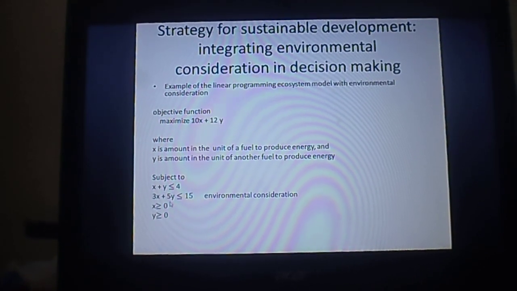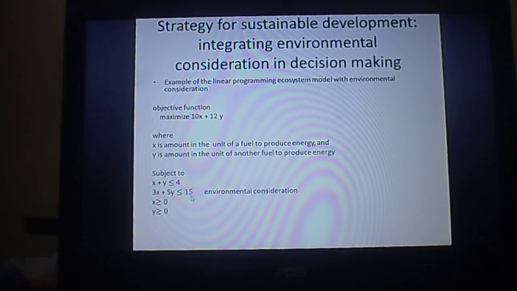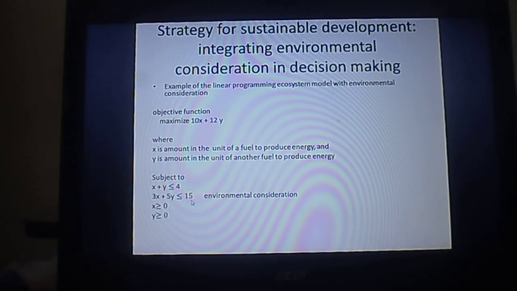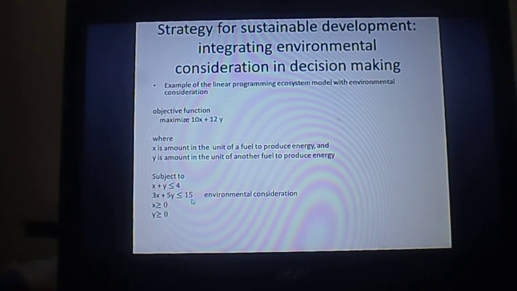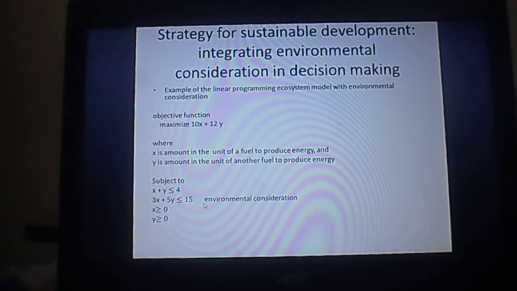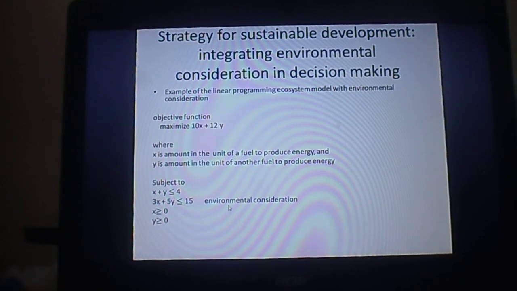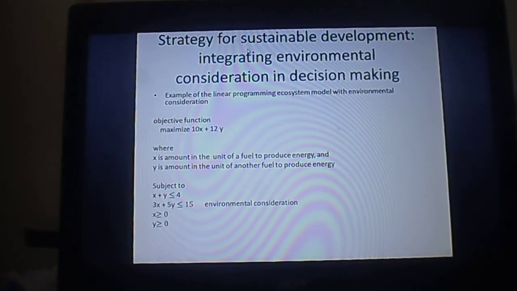Consider 3x plus 5y greater than or equal to 15, which was labeled a while ago as the pollution constraint. Here, consider this as an environmental consideration, which may be in line with a strategy for sustainable development.